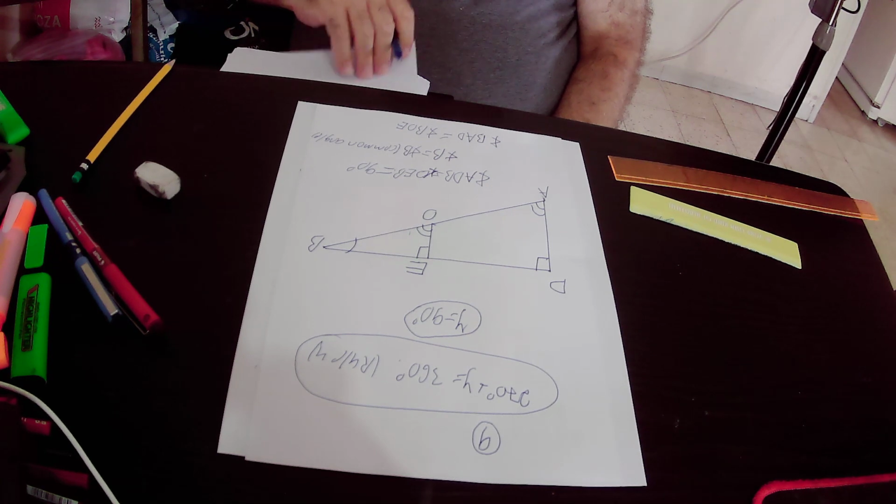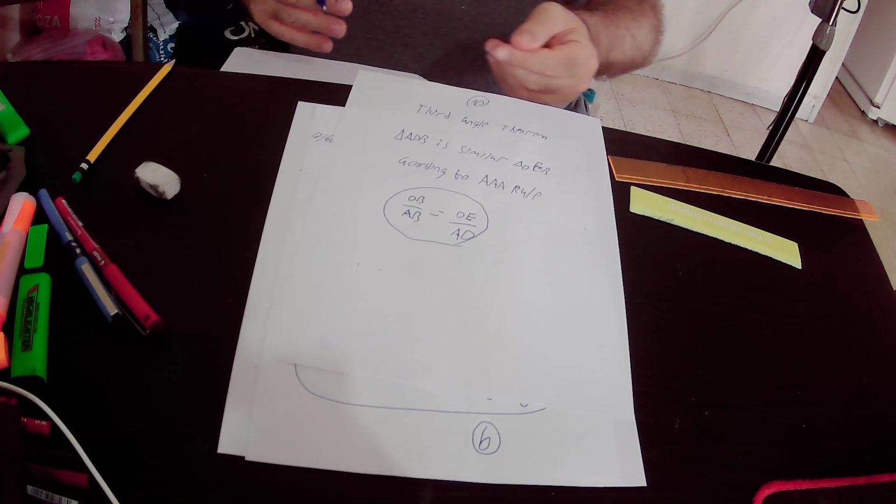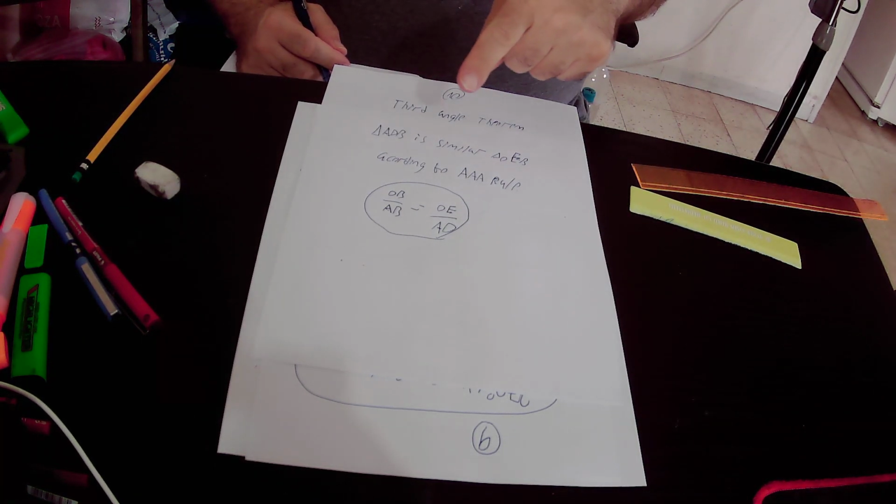And again, the relationship that exists between those two similar triangles is OB over AB equals OE over AD.